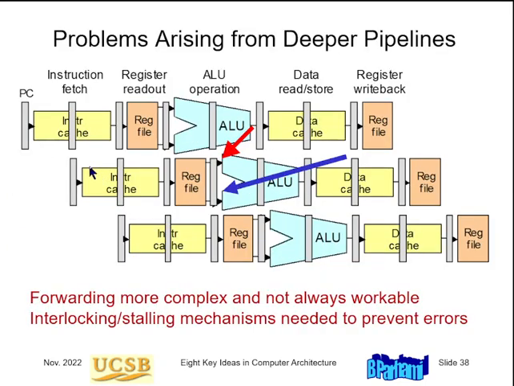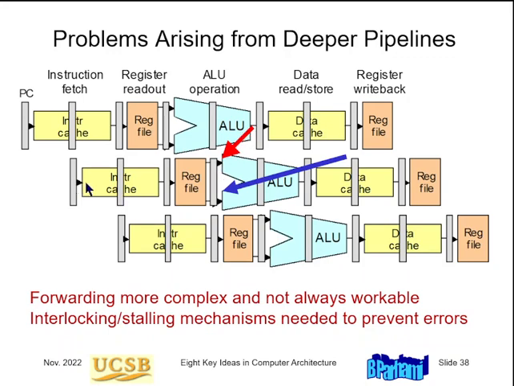Of course, if pipelines are deep, such data dependency may not be resolvable through forwarding. Here I've shown a case where the output of the ALU in this instruction is needed as the input of the ALU in the following instruction. But this need occurs one cycle before that is produced, and therefore forwarding, you can't go backward in time.